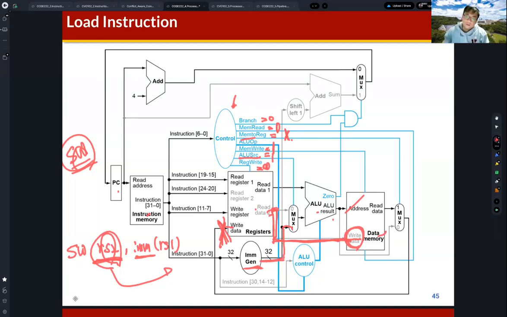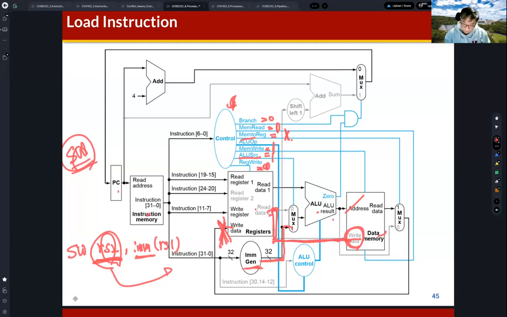Data path elements also have control ports, and I mentioned that the control signal determines the operation mode of a data path element. In the previous class, we defined the control unit in a single cycle processor. The control unit generates control signals based on the input instruction. We defined two parts of the control unit: a main control unit and an ALU control unit.